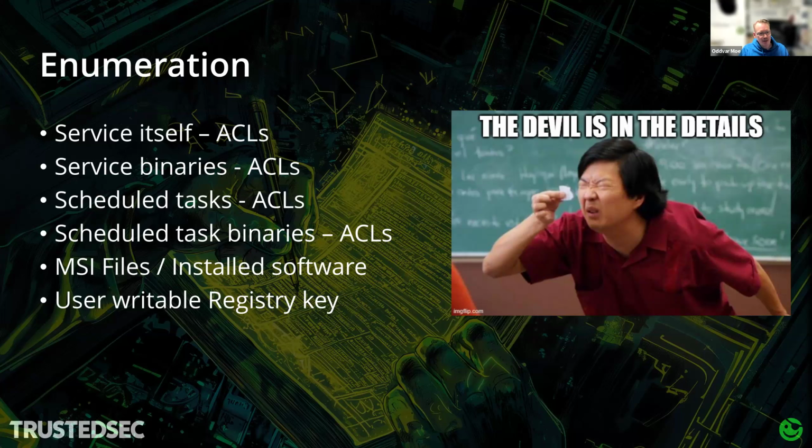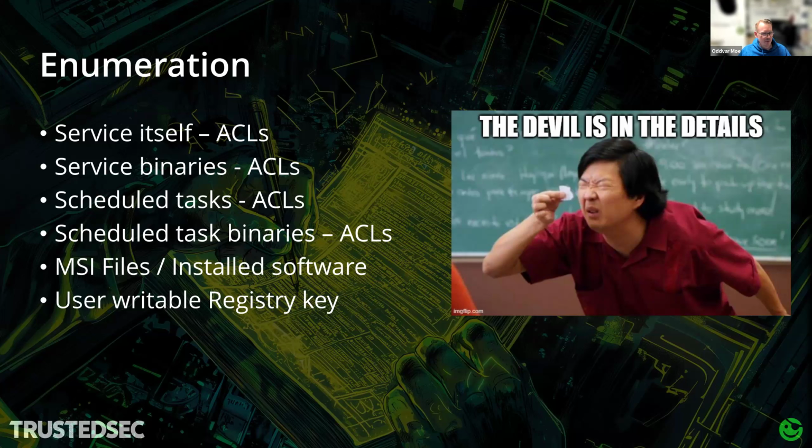So scheduled tasks as well, looking at the tasks themselves that are located under System32 Tasks, looking at the ACLs there, and also the binaries, same as the services. We also have MSI files. That is something that in recent years has generated a lot of CVEs and vulnerabilities.